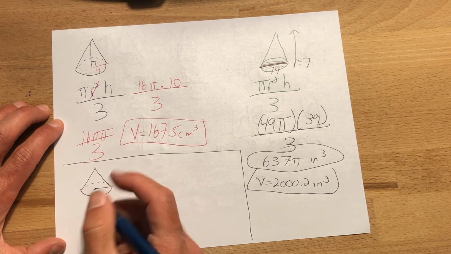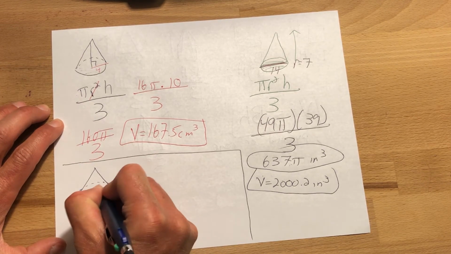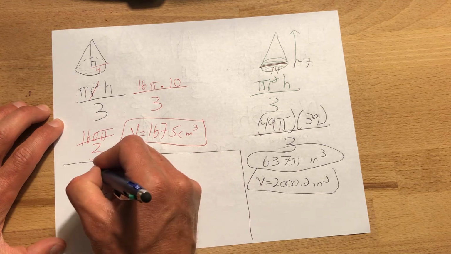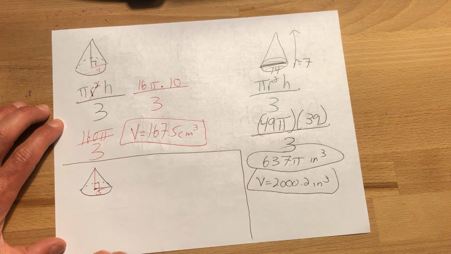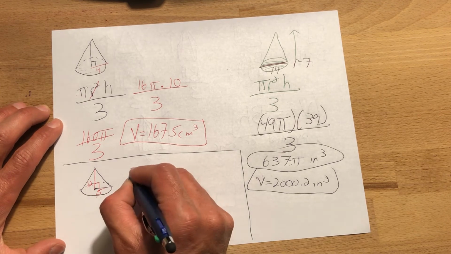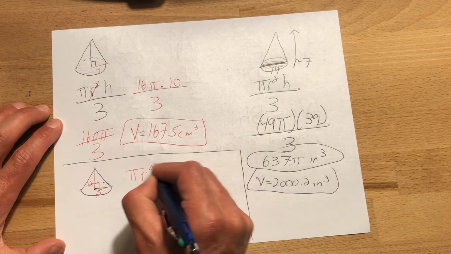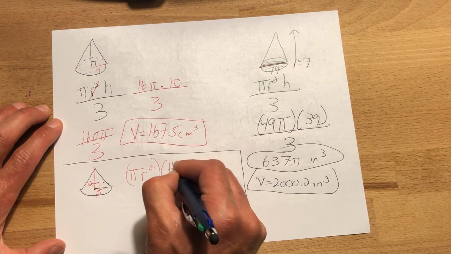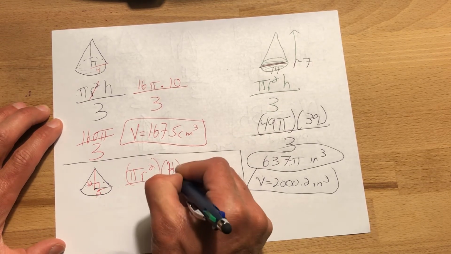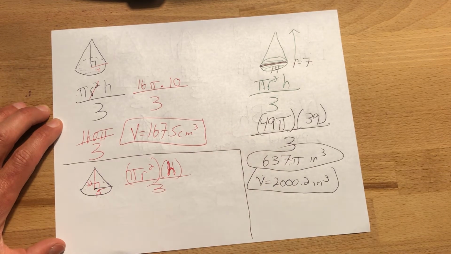of 5 centimeters and a height of 12 centimeters. Remember, the formula is area of the base of this circle, which is pi r squared, times the height over 3. This is a lowercase height over 3.